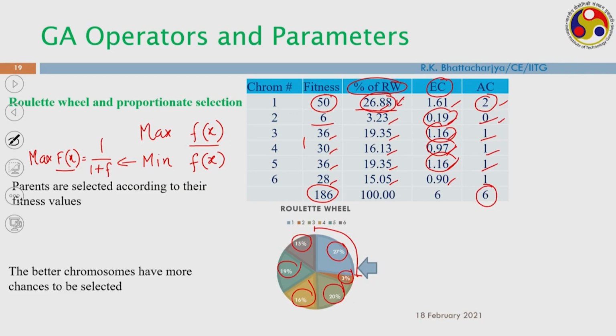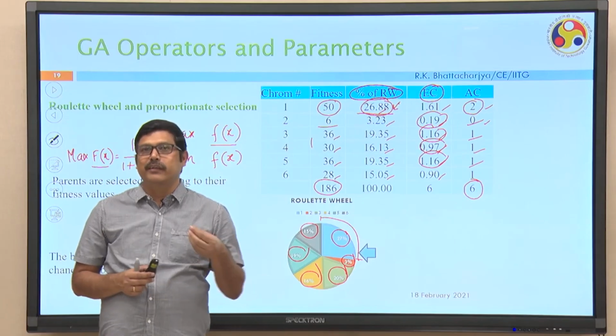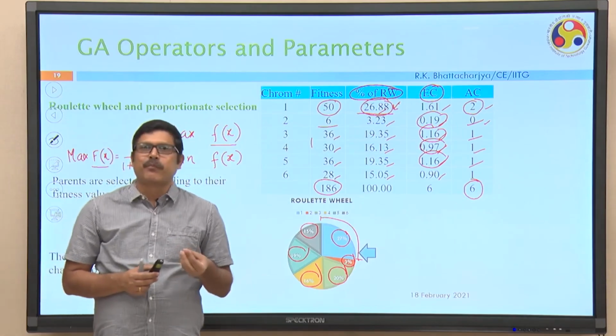So, I can implement either the roulette wheel concept, or the proportionate selection, in order to select these 6 solutions. As I said, the idea of the selection operator is that you are selecting the better solution.